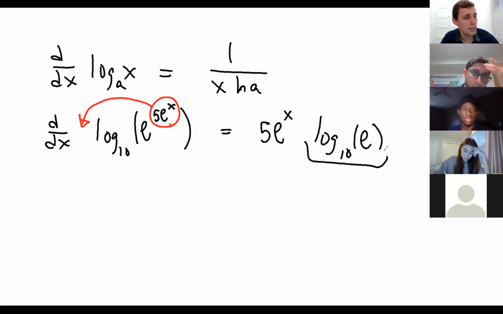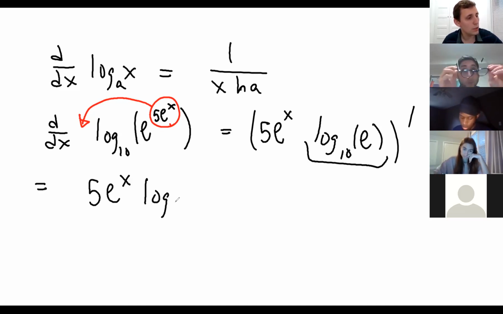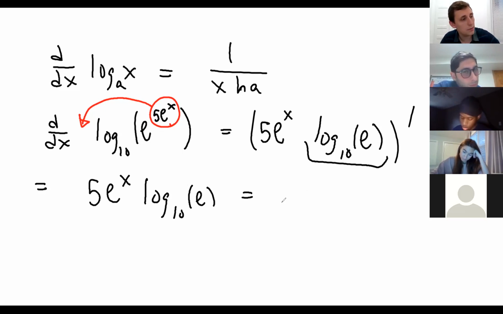Do you see that this is just a number? So the function is very similar to e to the x. The derivative of this expression is simply 5e to the x log base 10 of e. No change, which means that the derivative of this function is the function itself.